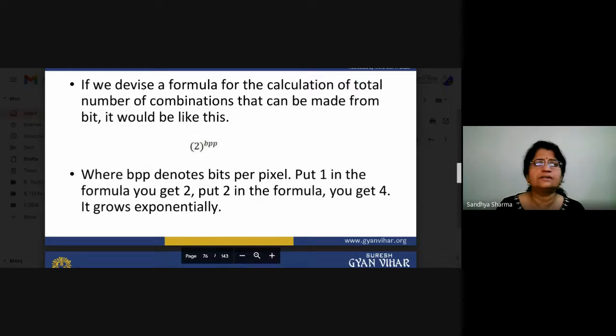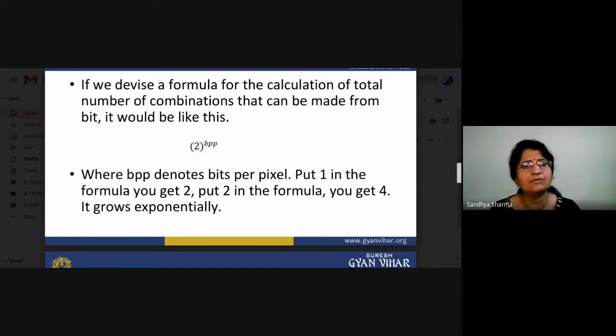If we derive a calculation, the total number of combinations that can be made is 2 to the power BPP, where BPP is the number of bits you are using for representing one pixel. According to that, there are that many combinations that can be made from those bits. For example, if there are 8 bits, then 2 raised to power 8 is 256, meaning you have 256 levels for representing the colors.